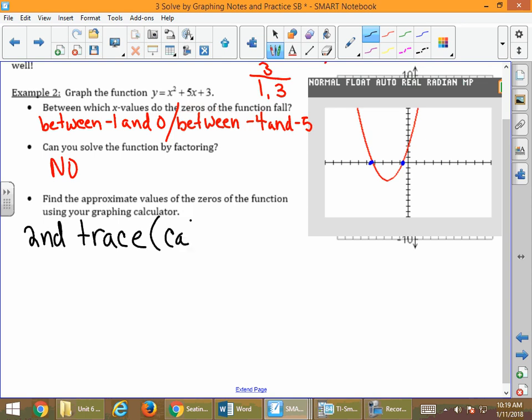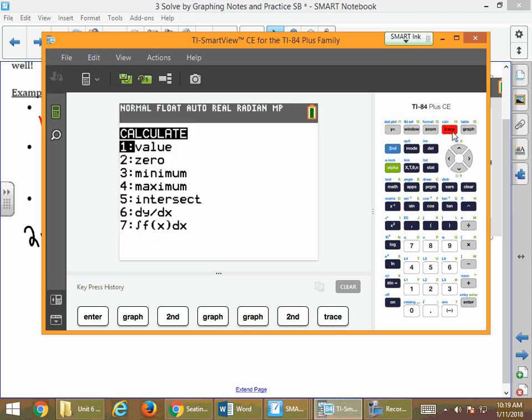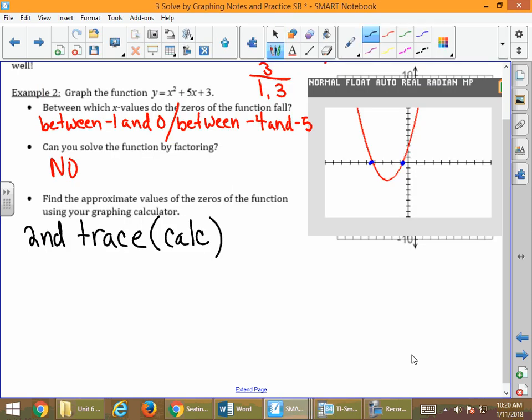The second puts us up, I think it's blue on my calculator, I'm not sure what color it is on yours, but second trace, up above it says CALC for calculate. Now as we look at the menu that comes up when we type that in, which function do we want to use? Well, hopefully you're thinking zero. So we're going to go to zero.